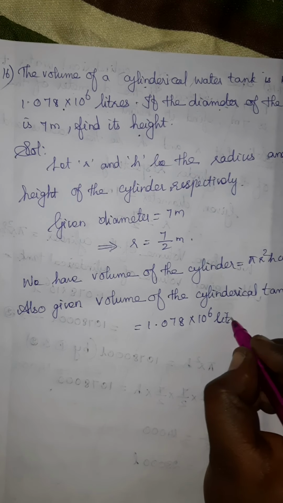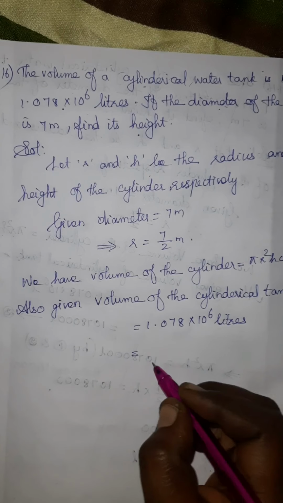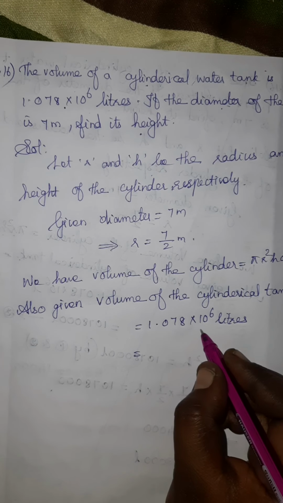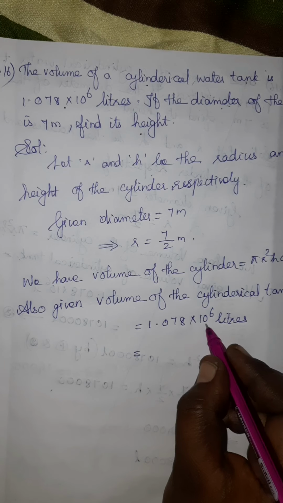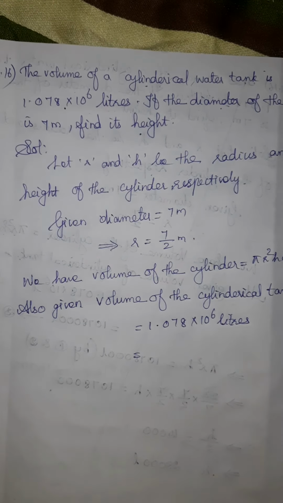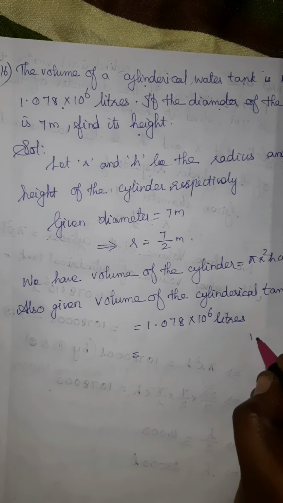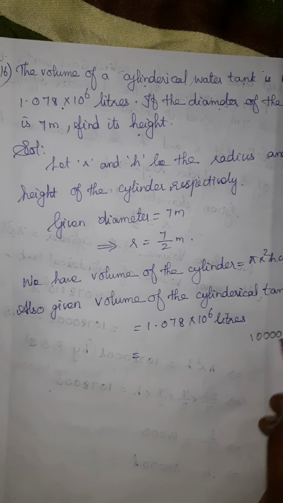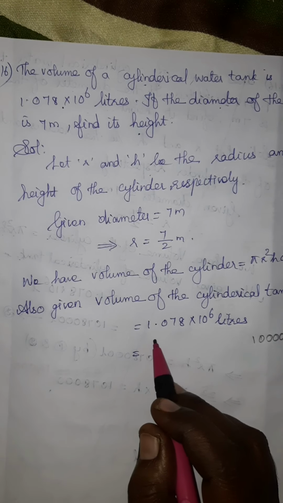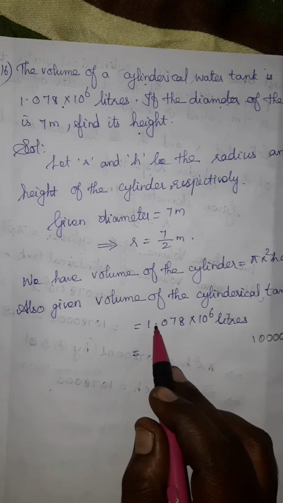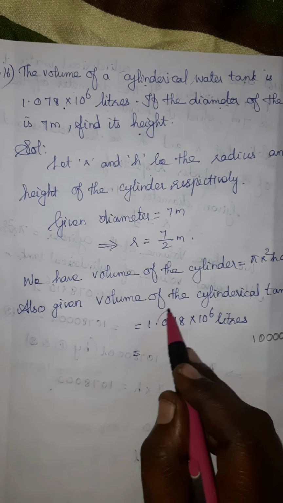Okay, we have to change this value. It is now given in the exponential form, scientific notation form. So you multiply this 10 power 6 with this value. 10 power 6 means 1 with 6 zeros. Whenever you multiply a decimal number with 10 or powers of 10, you have to move the decimal point to the right.